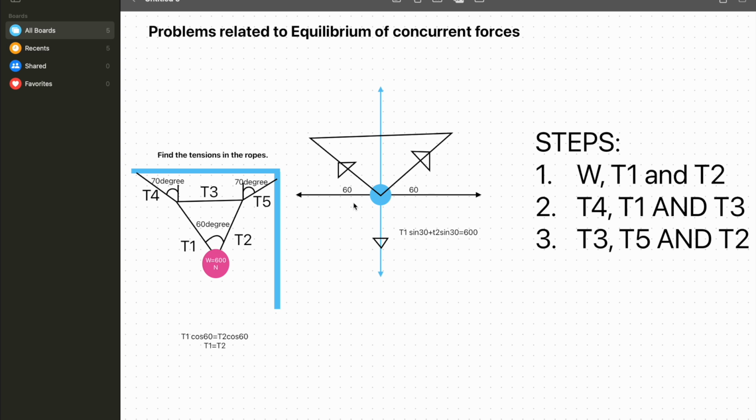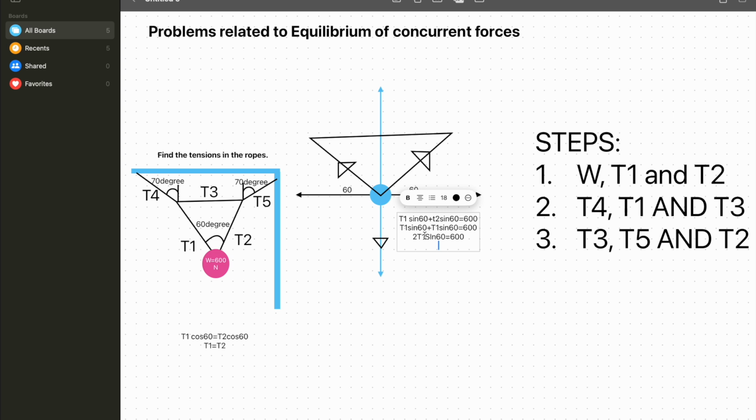So T1 sine 60, we got our relation T1 equals T2, so T1 sine 60 plus T2 sine 60 equals 600, so we can easily say 2 T1 sine of 60 equals 600.